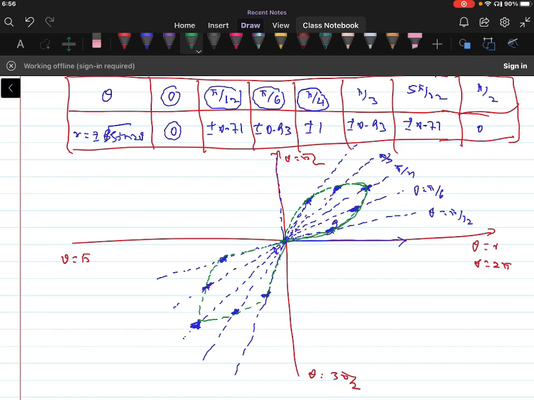So this is the curve. Let us call this curve r square is equal to sine 2 theta. This curve is called a lemniscate.